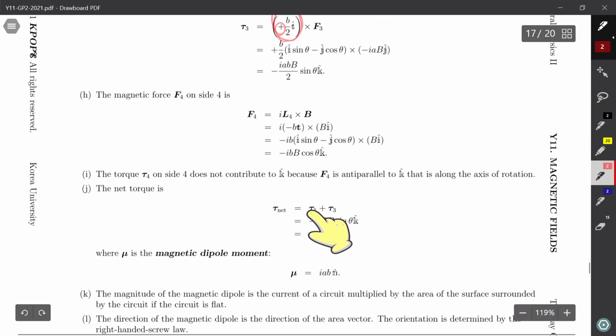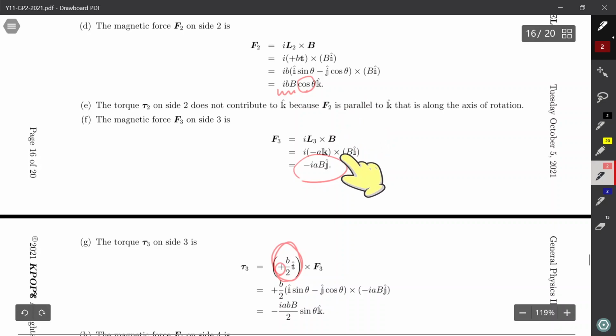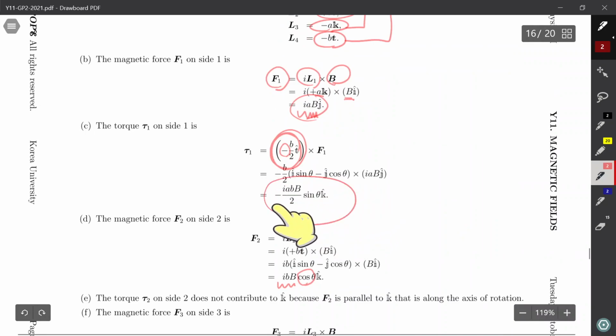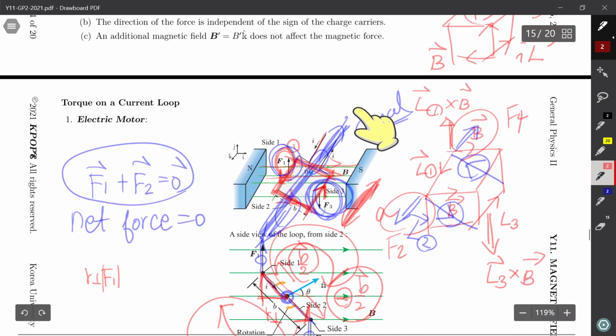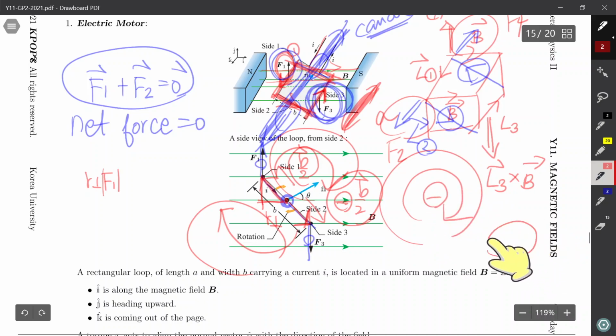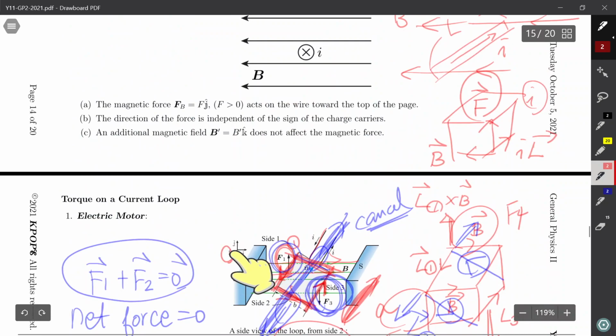Therefore, for 1 plus 3 we have this amount, I a B times the magnetic field and 1/2. The negative sign stands for the torque being along the clockwise direction. This is negative; counterclockwise is positive, along the k-axis.